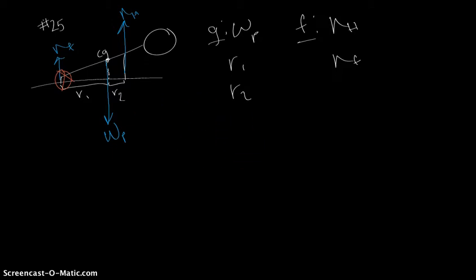So this would be that the sum of the torques is going to equal 0. You can also rewrite this as the clockwise torques minus the counterclockwise torques equal 0.